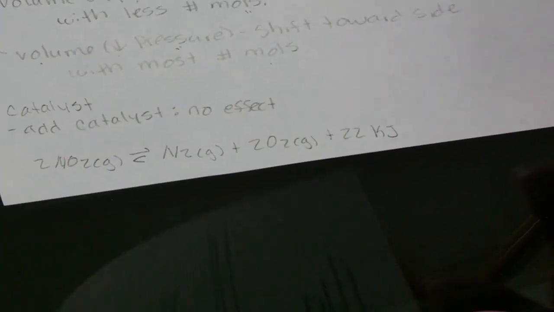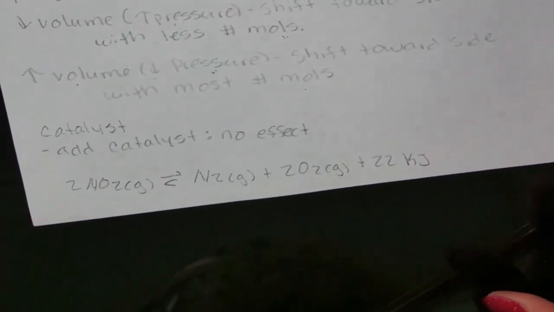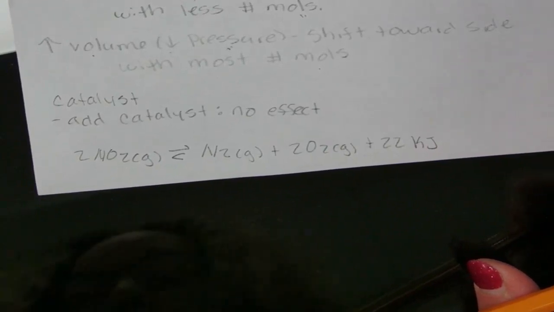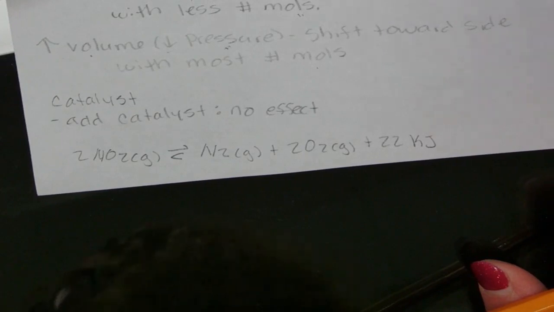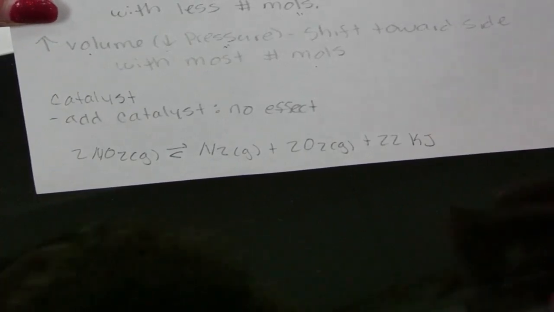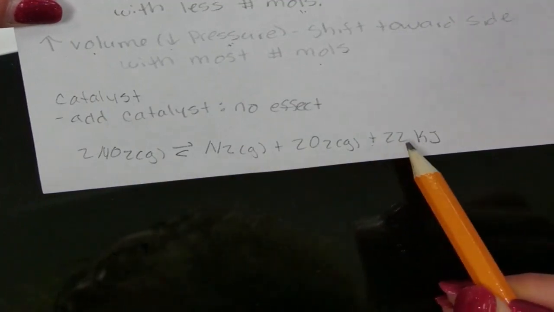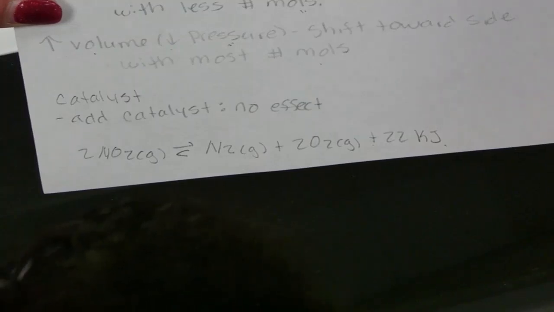All right, if we were to add a catalyst, it has no effect on the equilibrium constant. Now, I told you just a minute ago that I would give you heat as endothermic or exothermic. So when you look at this equation provided, you'll see plus 22 kilojoules. Heat is measured in joules or kilojoules.